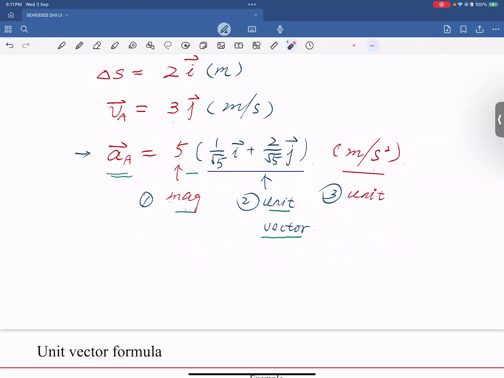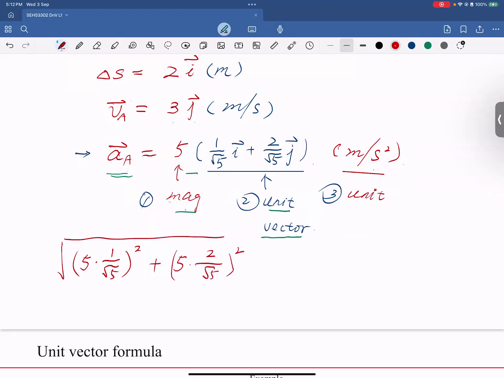Why can we neglect the unit vector when we talk about the magnitude? Actually, it is still 5. When we calculate, we get the square root of 5 times 1 over root 5, squared, plus 5 times 2 over root 5, squared.